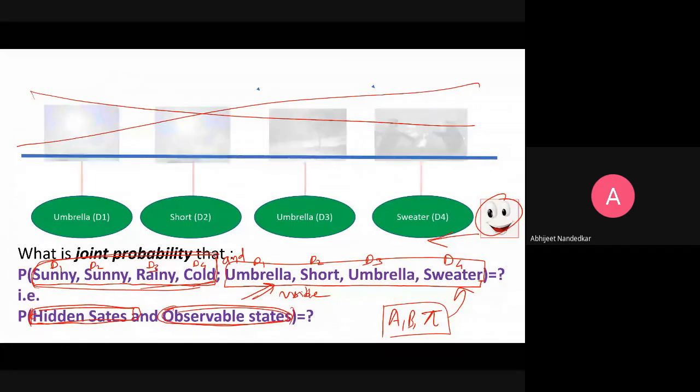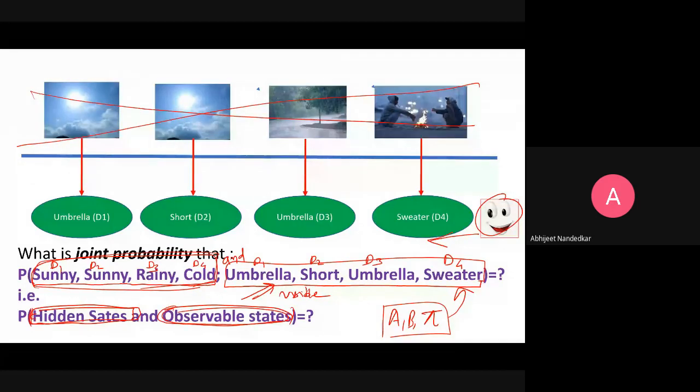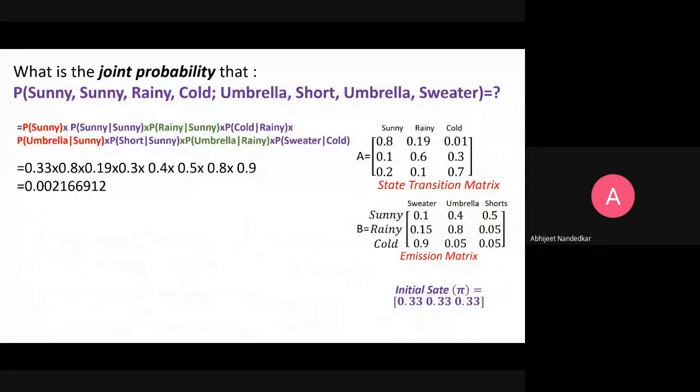You can use your table and easily find this out. We have this pair indicating the first sunny day. Since for the first day we don't have any prior, there is no conditional bar here. It comes from the initial state, and the table says it is 0.33.